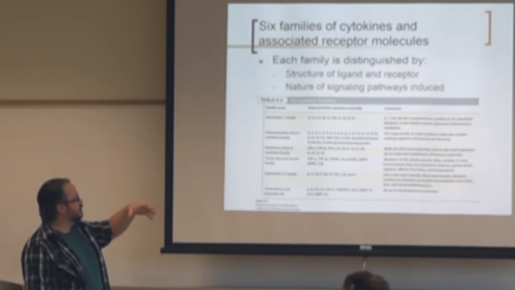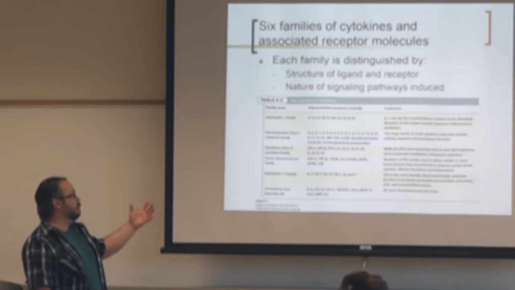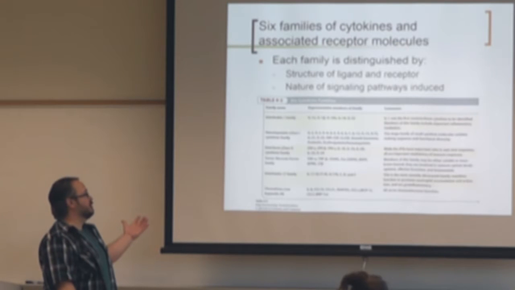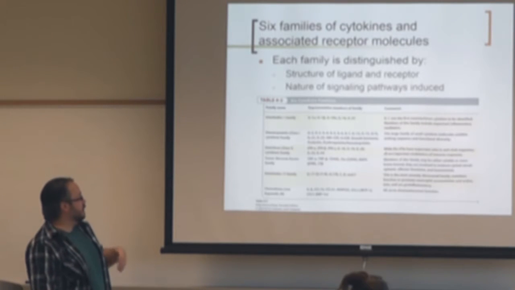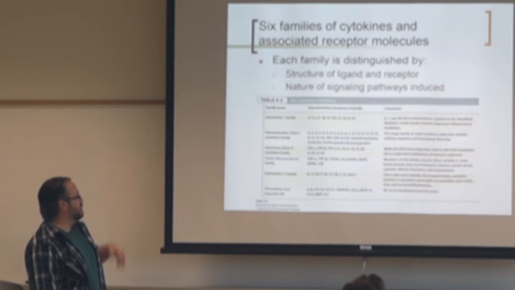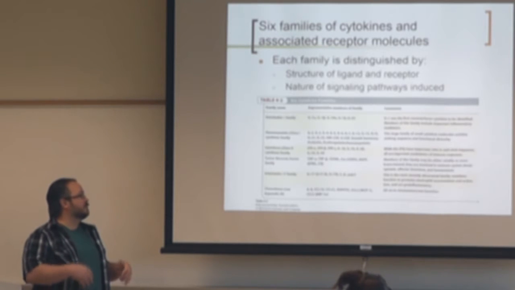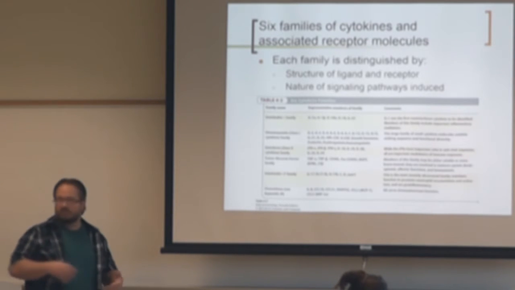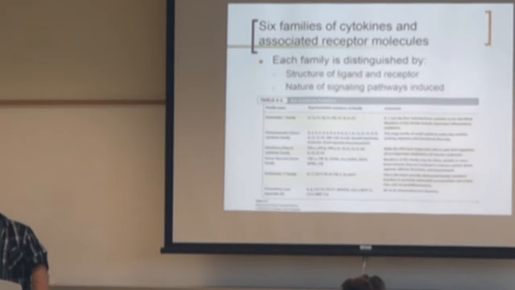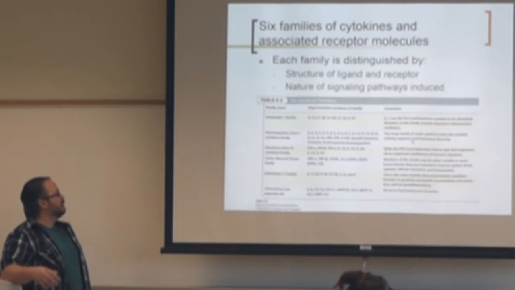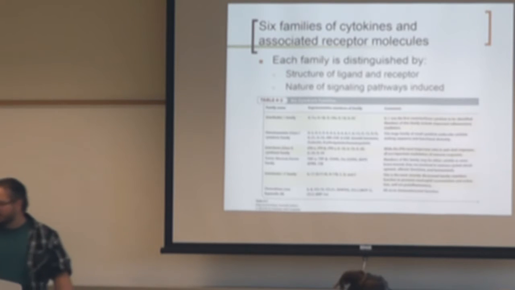Some of these are involved in humoral responses, some in cellular responses, some in inflammation, GM-CSF, G-CSF, some in cell survival, cell growth, and also prolactin. So a lot of these are involved in a pretty broad range of effects, but they're all pretty conserved in their shape and size.